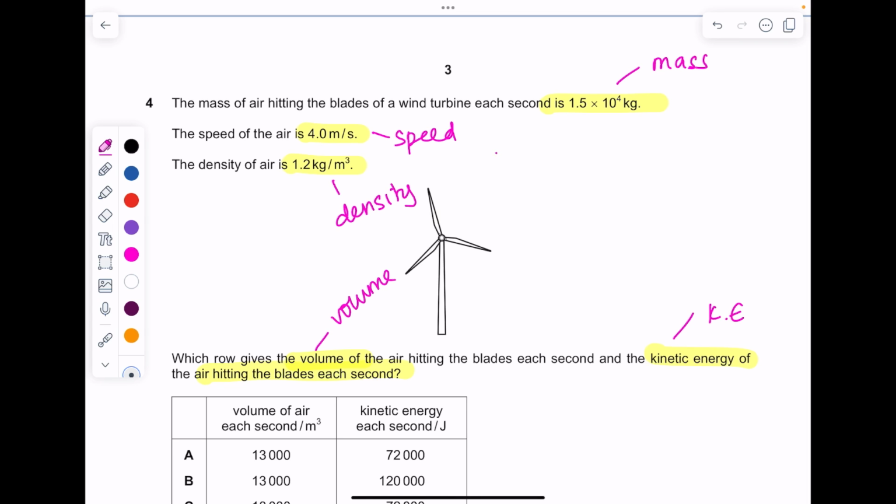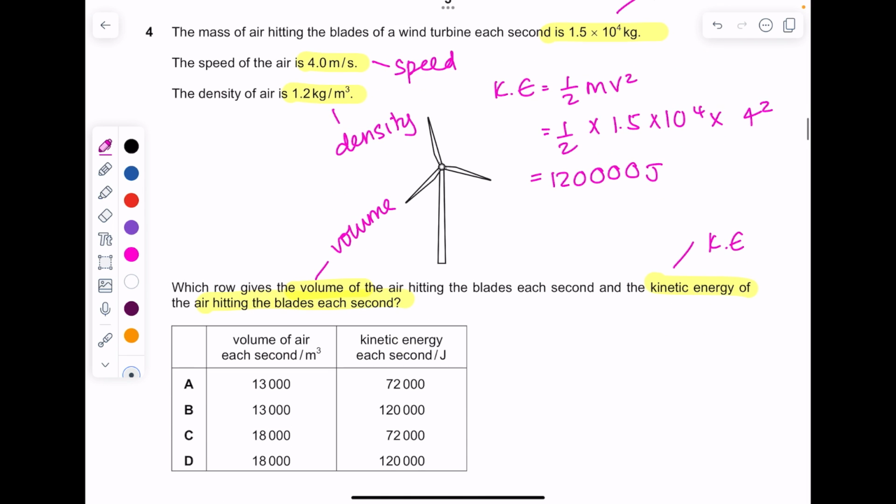So let's start by writing the equation for kinetic energy, which is half mv squared. We have enough information to find the kinetic energy. Just sub in your mass and your speed value to get 120,000 joules. What about the volume? This time you're using this formula triangle, which states that volume is mass divided by density.